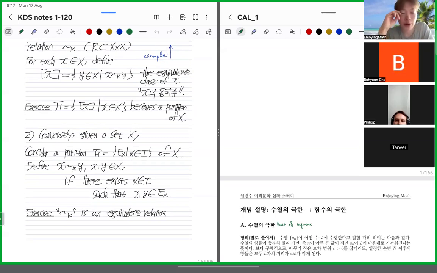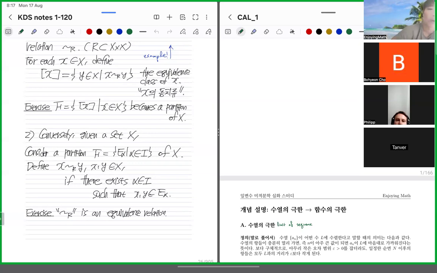Above, there's an exercise that the equivalence classes of X become a partition of X, and the other way, which is we have a partition, and then the relation between the elements in X goes... I don't know how to precisely describe the argument, but then we have an equivalence relation.